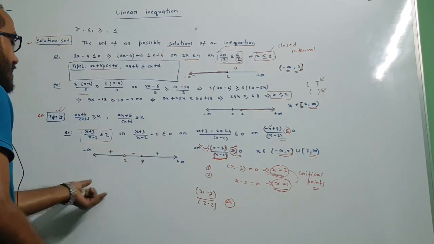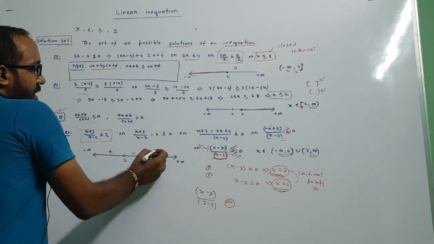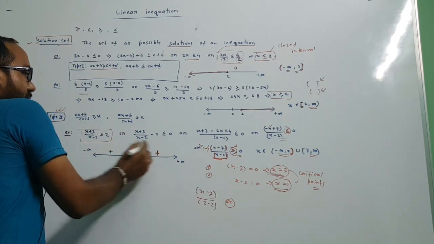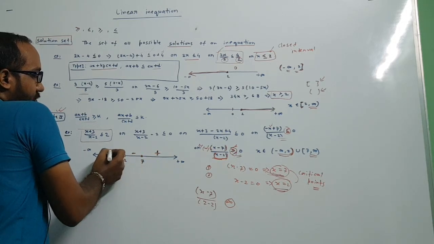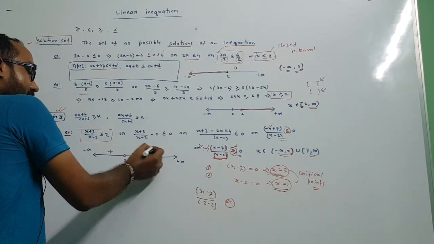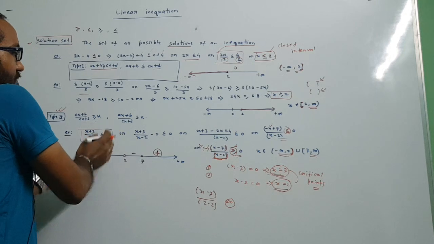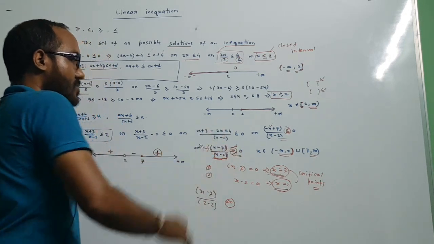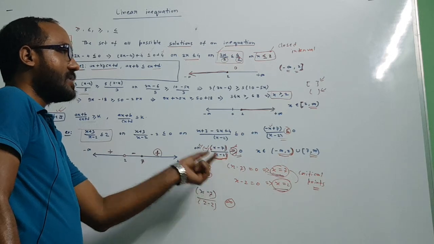Now next thing you have to remember is to always make the rightmost side positive, then alternately positive, negative. So it is positive, it is negative, it is positive. Now what is our solution? Our solution should be greater than 0. So that means our left hand side should be positive.